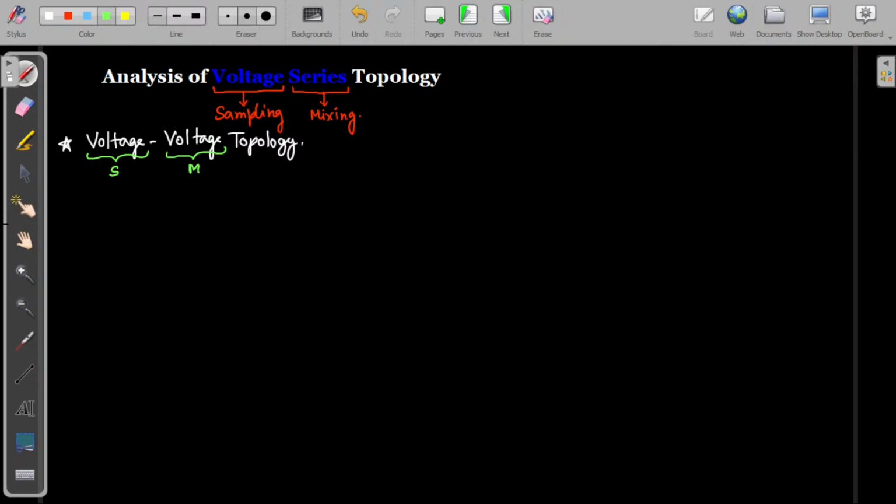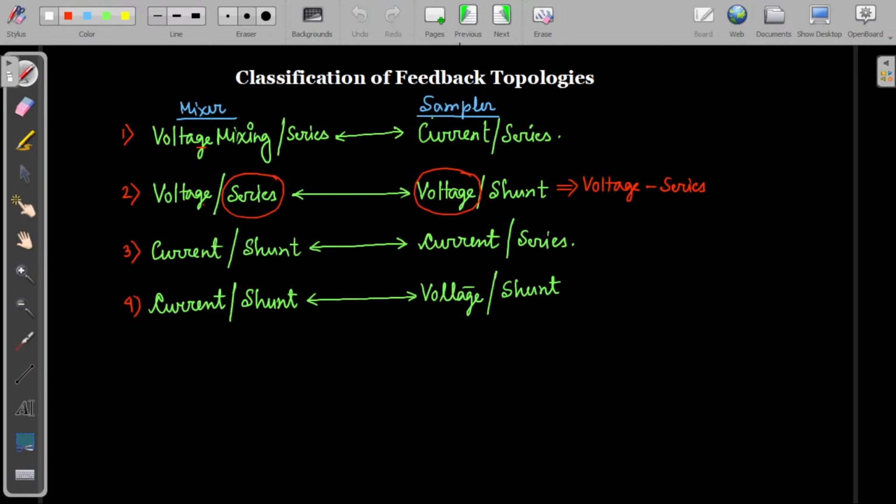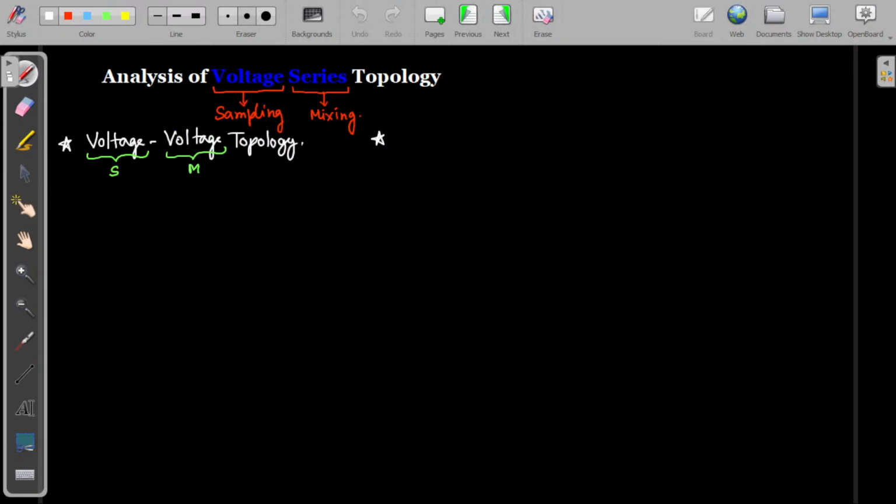Okay, next point पे जाते हैं. So next point पे, since we are doing the series mixing and shunt sampling. Voltage sampling मतलब shunt sampling. So that's why it is also called as series shunt.